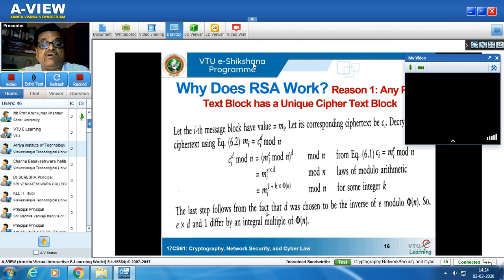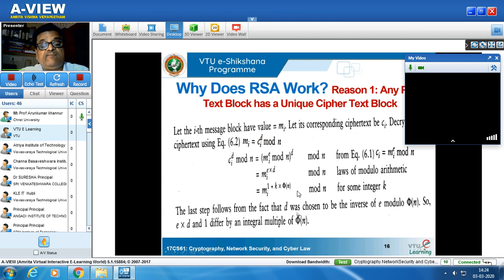Now by making use of Euler's formula, when we simplify E into D, we get the ith message block mi raised to 1 plus k times Euler's function phi n, for some integer k.